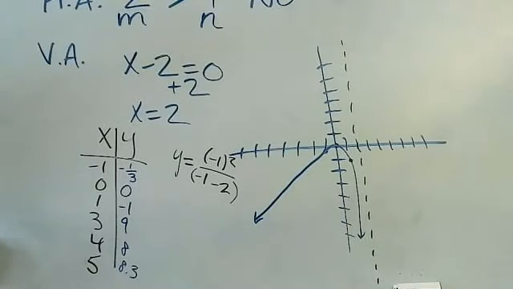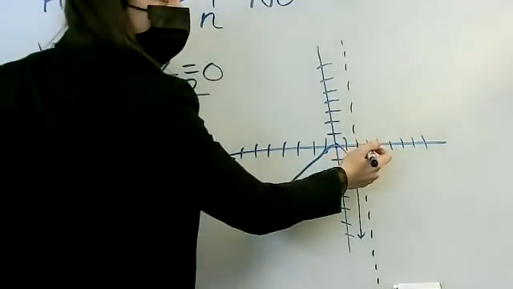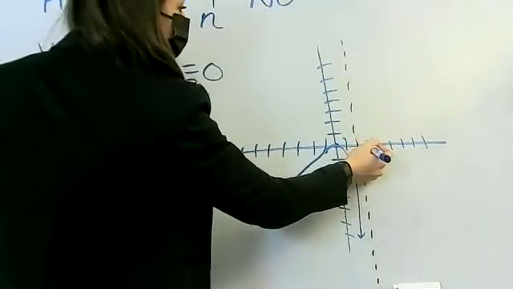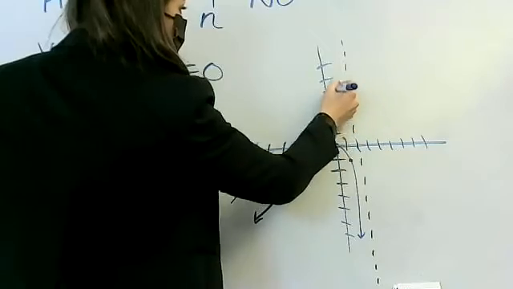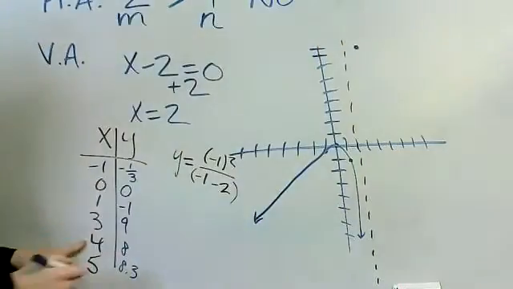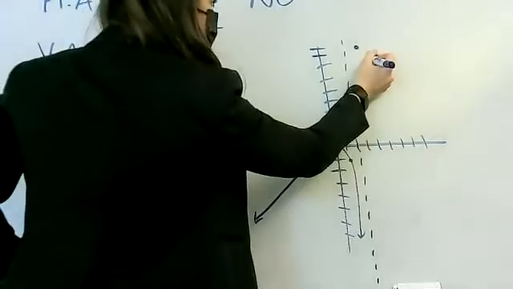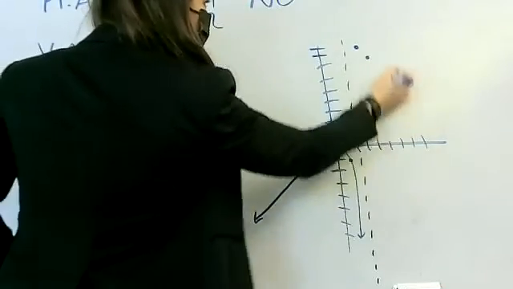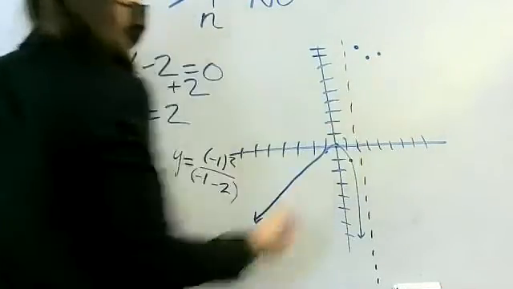Nope, just graph them regular. Okay. And then 3: see, 1, 2, 3, 4, 5, 6, 7, 8, 9. 3, 9, 4, 8, and 5, 8.3, so up just a tiny bit more.